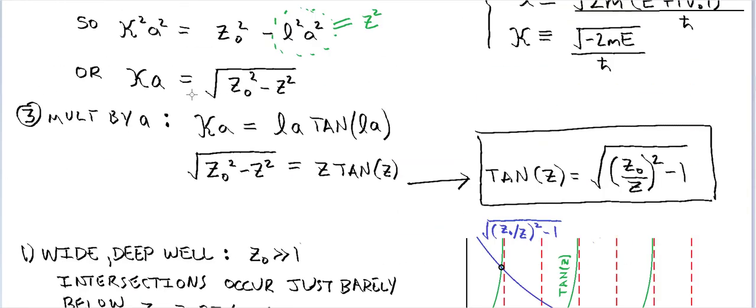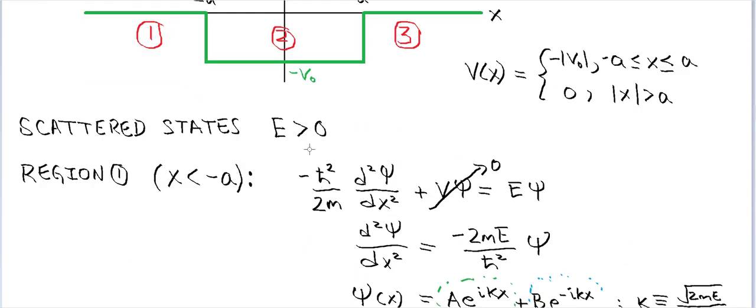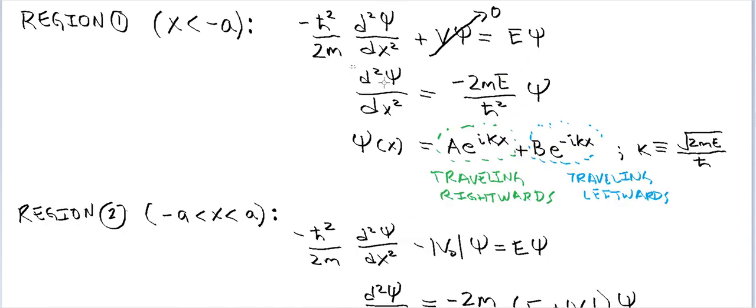There is a slight difference computationally, though, because this time we still have minus h bar squared over 2m times d squared psi dx squared plus 0 is equal to E psi, because V is 0. But we get that d squared psi dx squared is equal to minus 2mE over h bar squared psi. This time, since E is greater than 0, this is the negative of a positive constant times the original function.